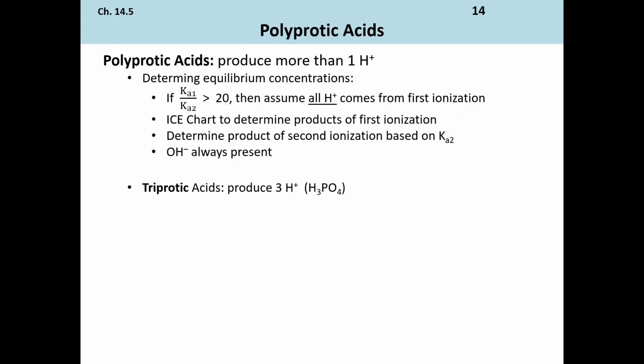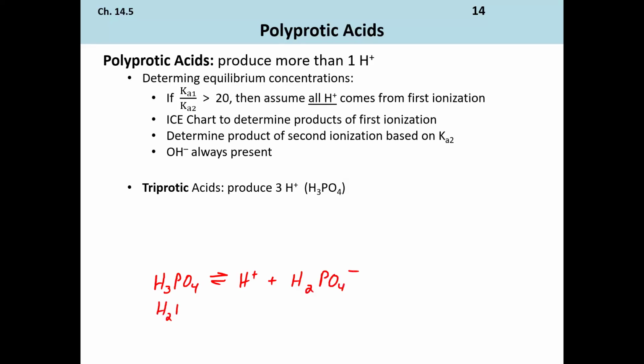All right, we can also have triprotic acids, right? An example of a triprotic acid is H3PO4 or phosphoric acid. It produces 3 H pluses. And in the same way that we said for diprotic, it's stepwise, the same thing occurs here. So first the H3PO4 loses 1 H plus to become H2PO4 minus.